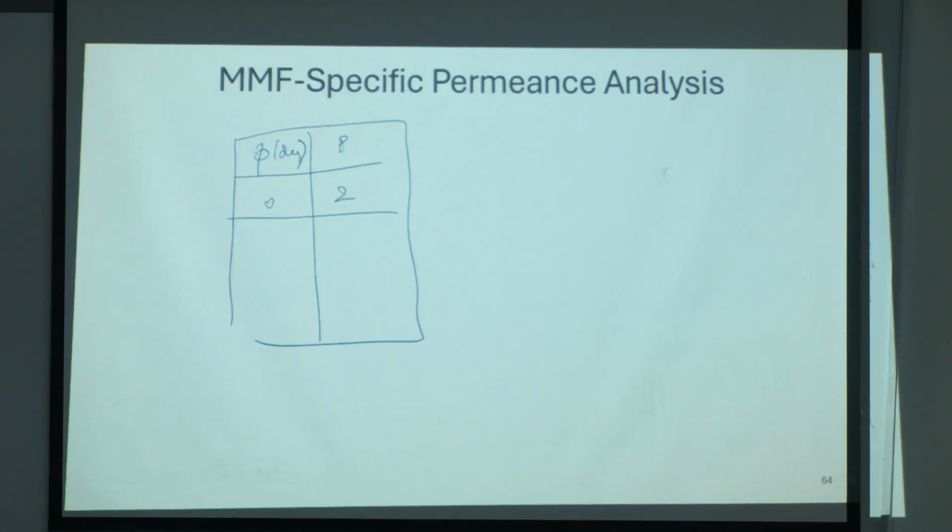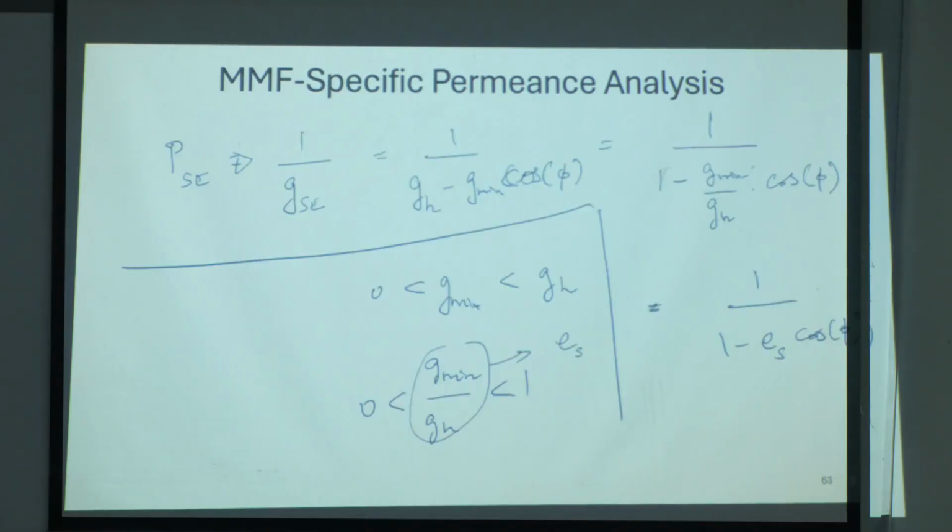Sorry? I think the formula is wrong. Instead of G min, it should be the distance between the centers. So G can also be considered as the distance between the centers. If you take 3 mm as G, the distance between the centers will be 2 mm.